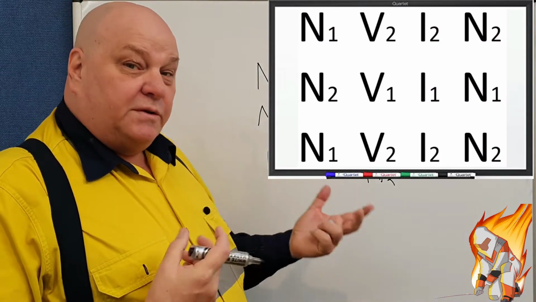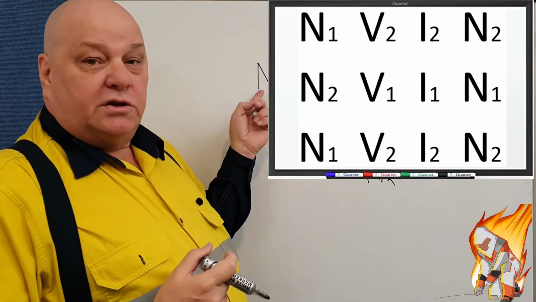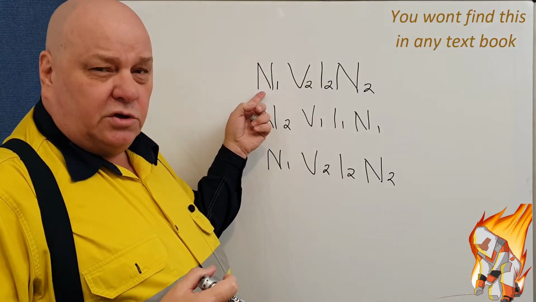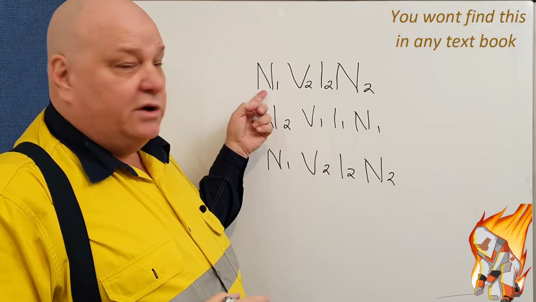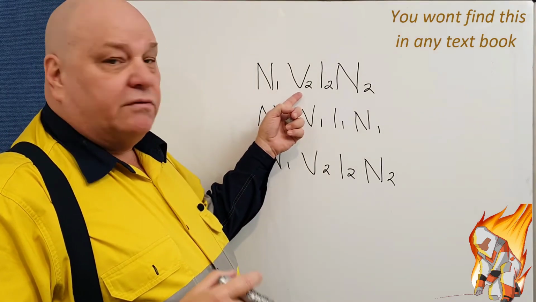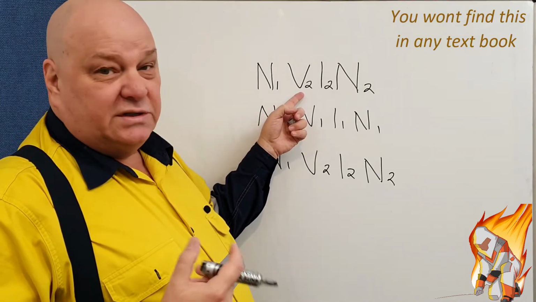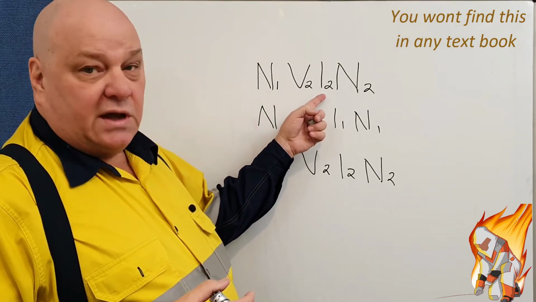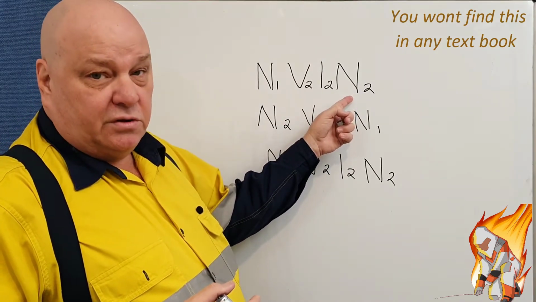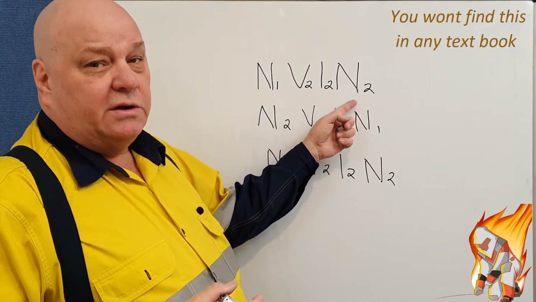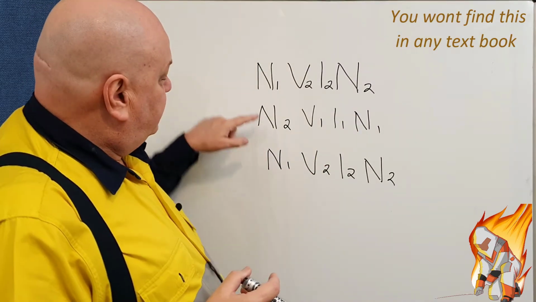Now, you've probably already guessed what this is. So here we've got the number of turns on the primary side of the transformer, or number 1 winding. Here we've got the voltage on the secondary side of the transformer, or the second winding. Here we've got the current on the secondary winding, and the number of turns on the secondary winding.